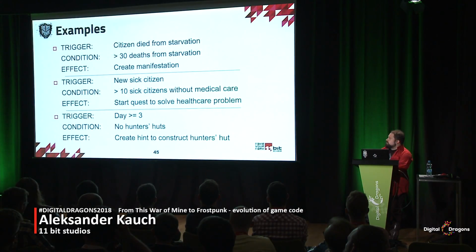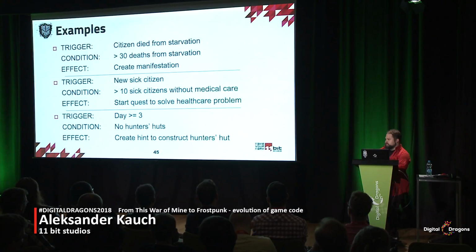Other examples of the flow that could be created within that system. Trigger: citizen died from starvation. Condition: if there were more than 30 deaths from starvation, then an effect can occur, a manifestation is created, so that the citizens would be not really happy about our decisions.